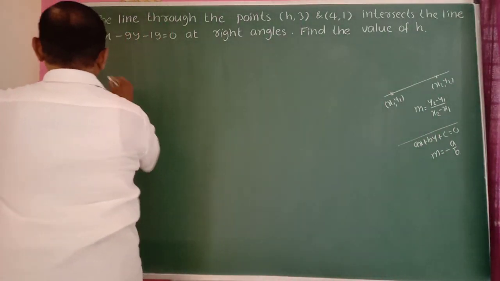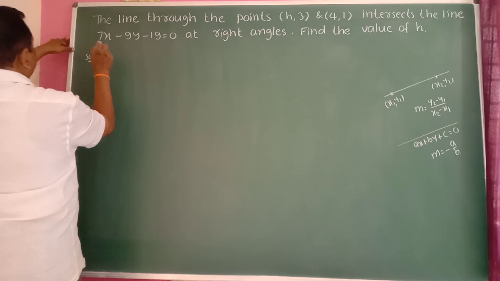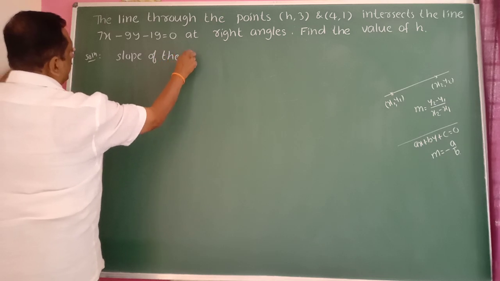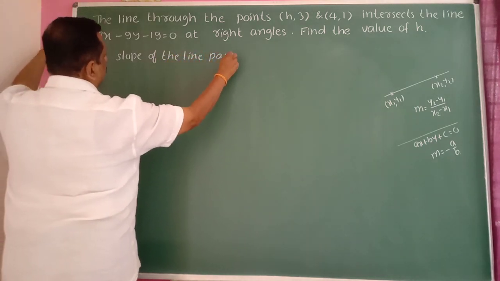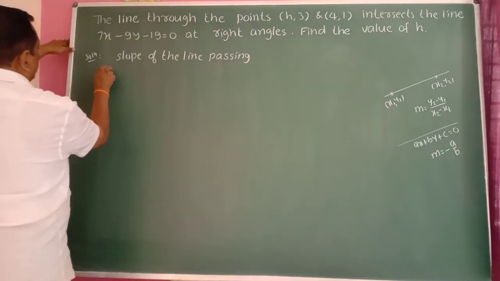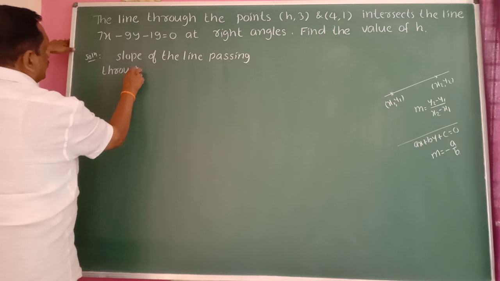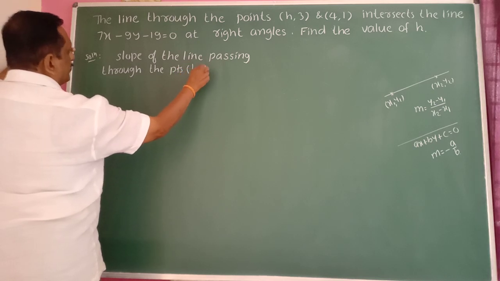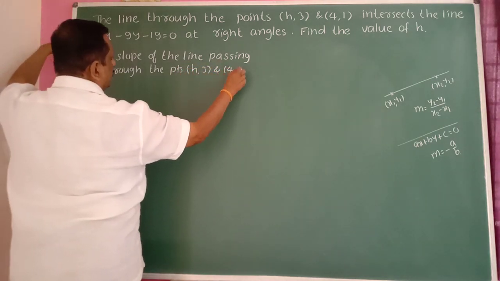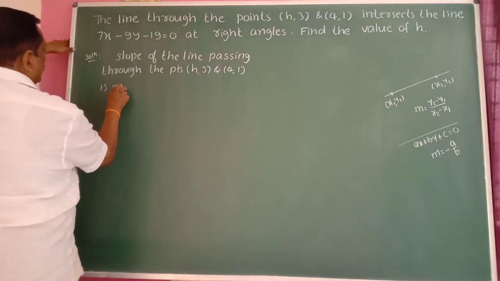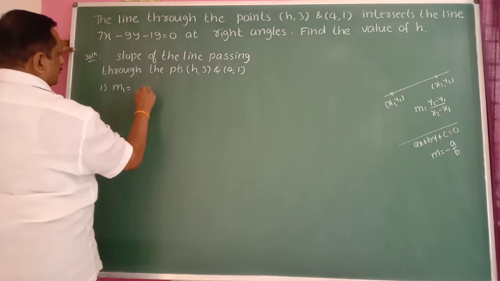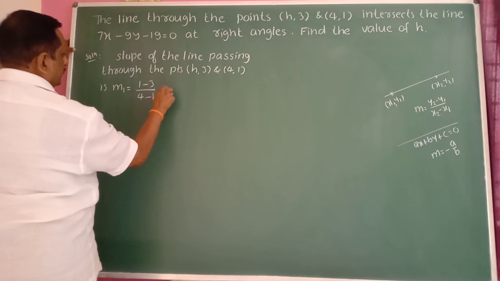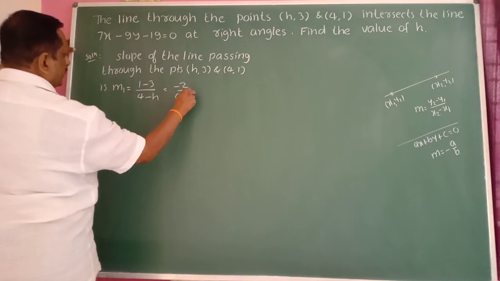So therefore in this example, the slope of the line passing through the points (h, 3) and (4, 1), take as m1, is (1 minus 3) divided by (4 minus h), so minus 2 divided by 4 minus h.